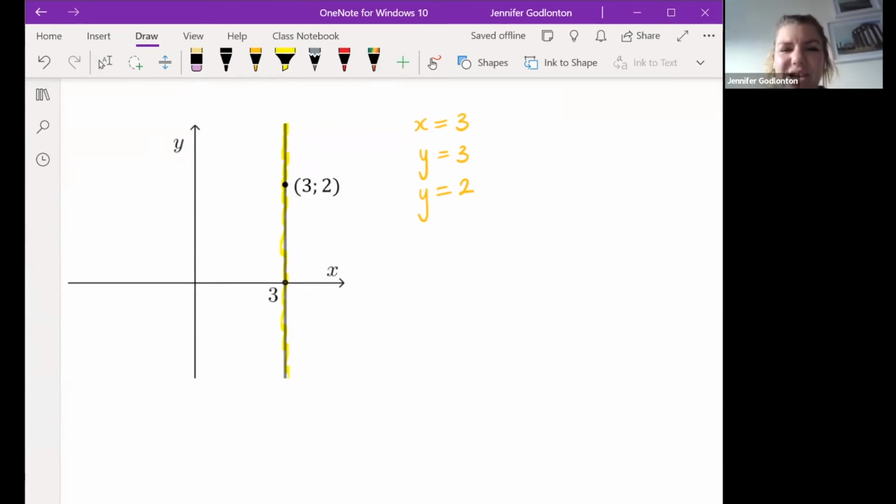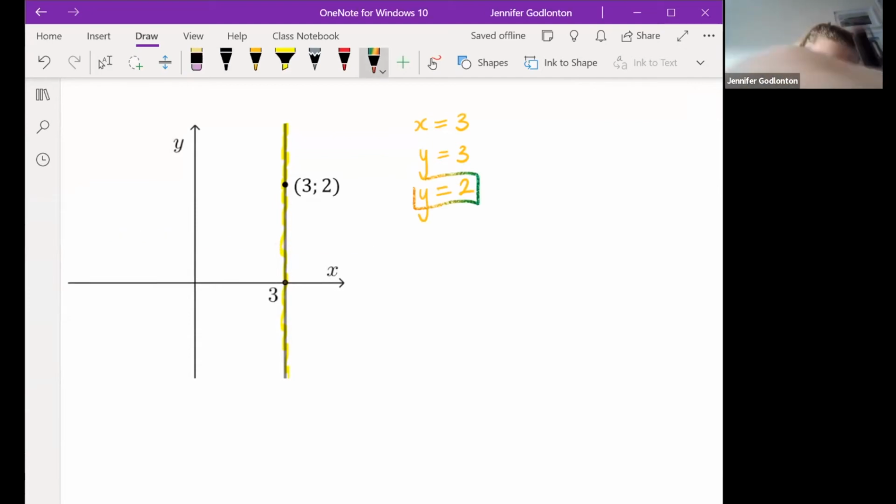Okay, so let's have a chat through these and see which one of these is right. Anyway, we'll work our way to the correct answer. Over here we have y is equal to 2. If I had a graph that was y is equal to 2, it would look like this.